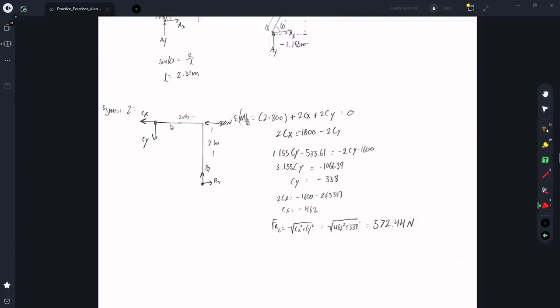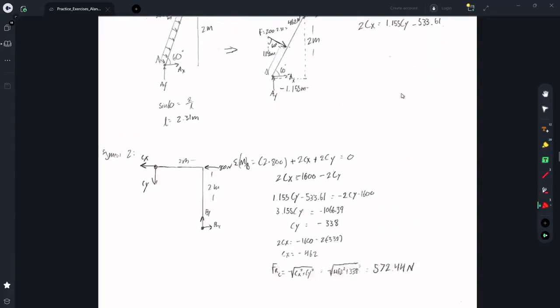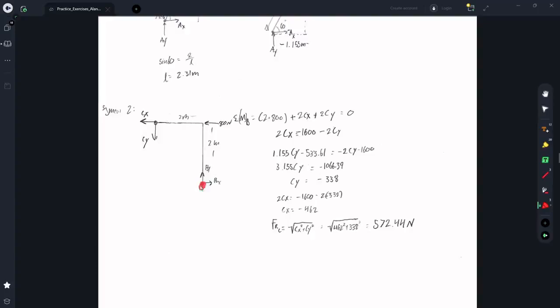So here's the free body diagram. I did a similar thing, where I want to find an equation with CX and CY to relate to the other one that I found. I summed the moments at point B to ignore BY and BX, the 2 support reactions.